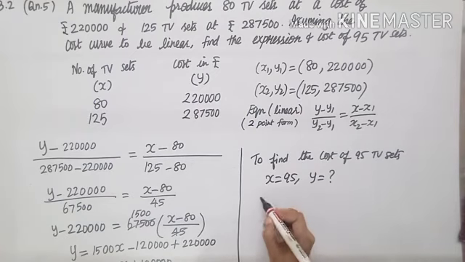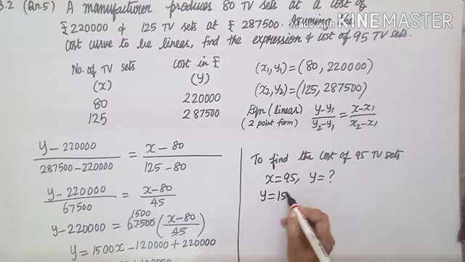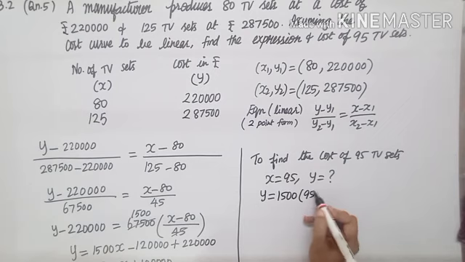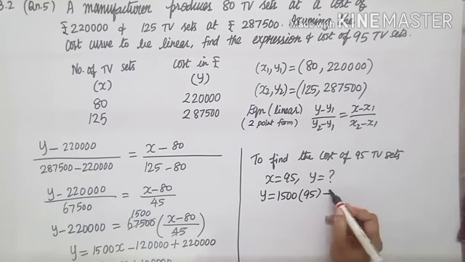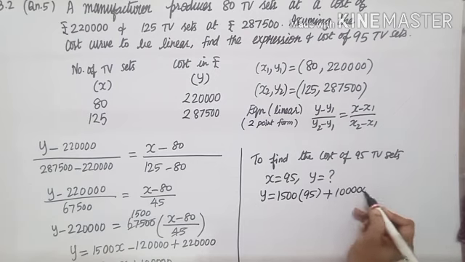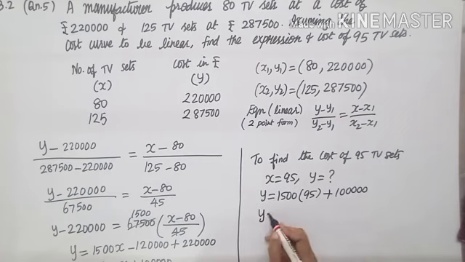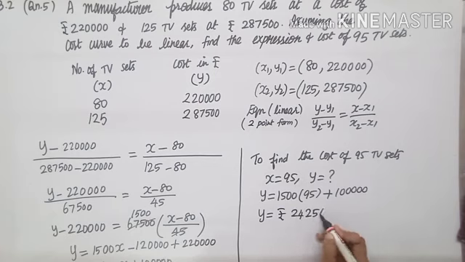So in this equation, y equals 1,500 into x value 95 plus 1 lakh. Simplifying the answer, we get y equal to rupees 2,42,500. So 2,42,500 is the cost of 95 TV sets.